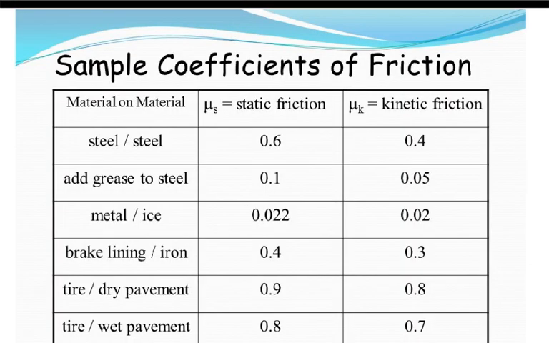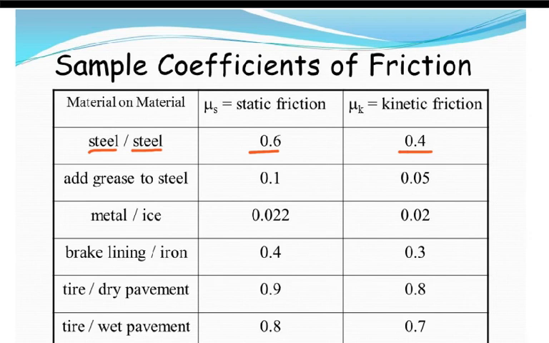So here is the table. There are different tables for different materials. So if I have a box maybe made of steel touching a floor that is made of steel, your coefficient of static friction is 0.6 and kinetic is a little bit smaller. And I'm going to tell you the difference between them right now.